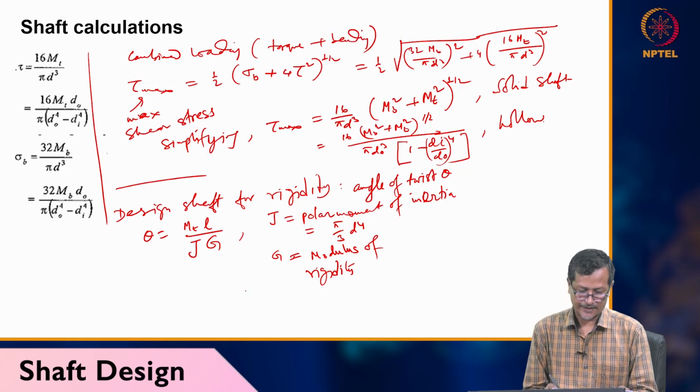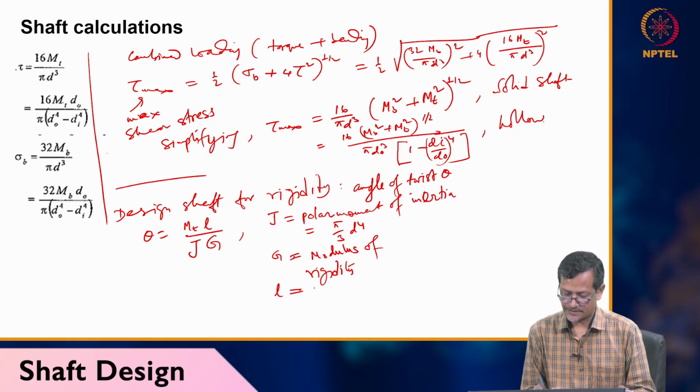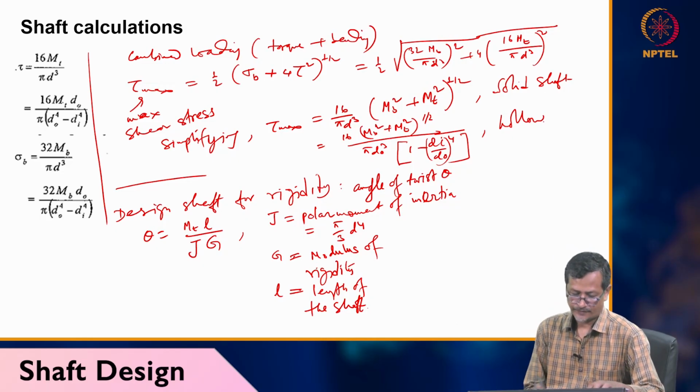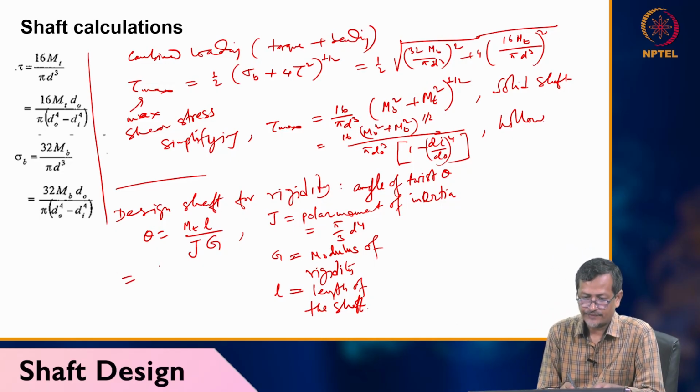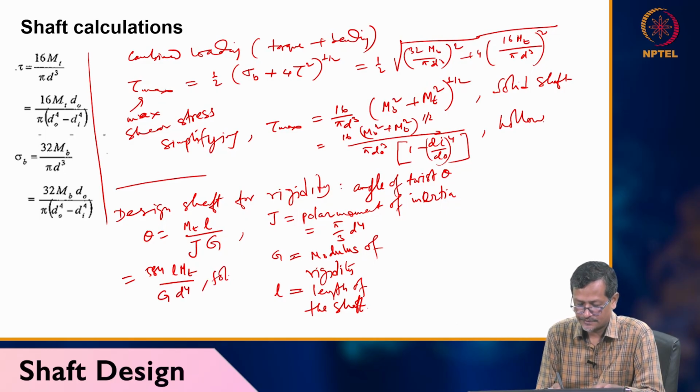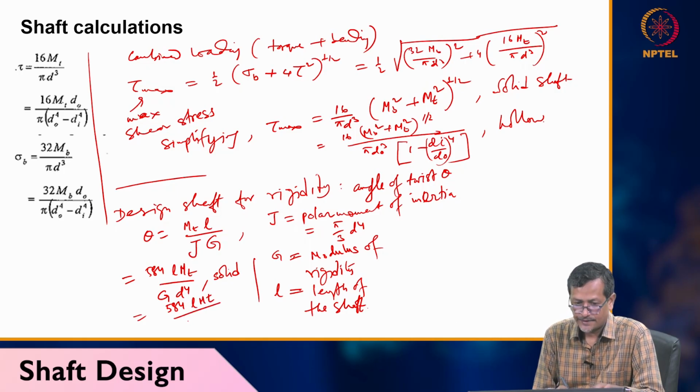The shaft material. L equals length of the shaft. Okay, now theta equals 584 LMT / G d^4 for a solid shaft, equals 584 LMT / G (do^4 - di^4) for a hollow shaft.